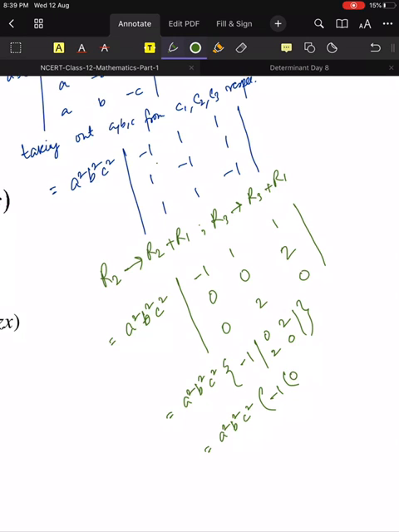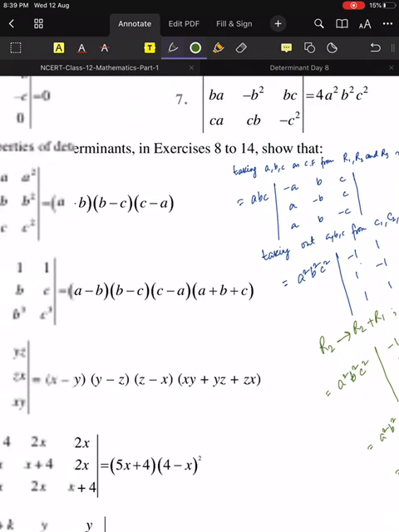Minus 1. 0 into 0 is 0. Minus 2 into 2 is minus 4. Minus minus is plus. So 4A square, B square, C square. Understood? Yes.